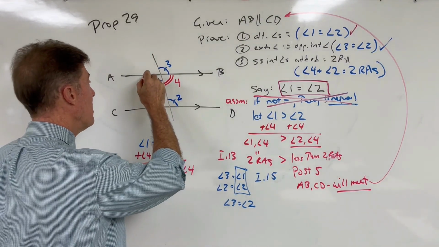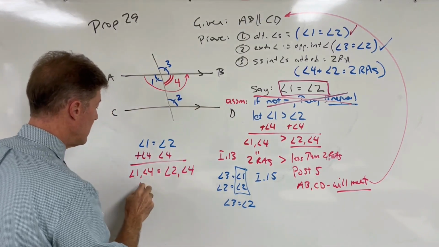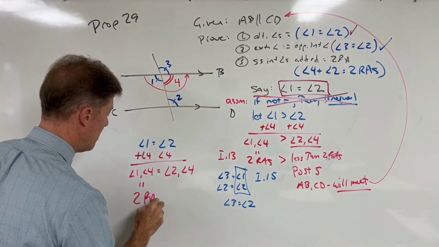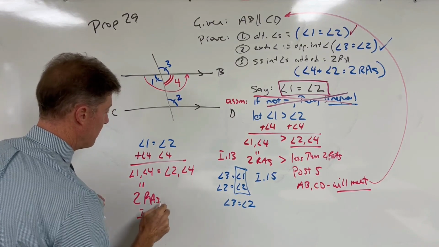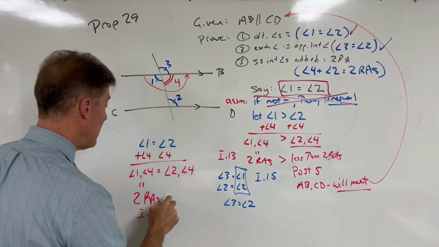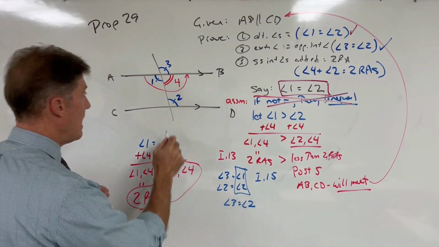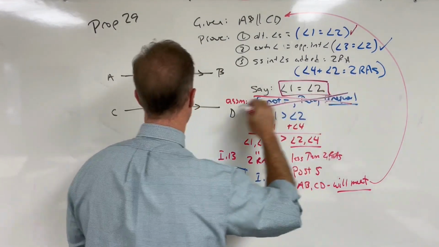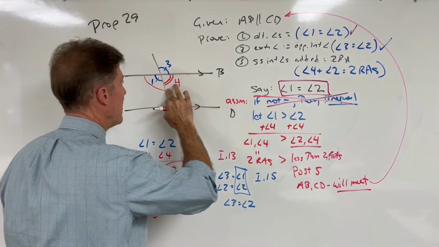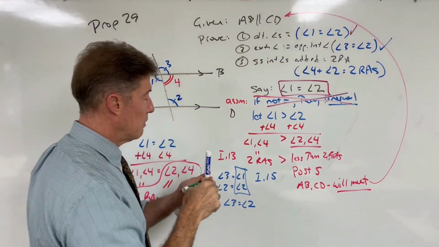But as we said before, this is a straight angle, so this is equal to two right angles. Prop 13. Which means, since it's equal to this, this is equal to two right angles. And that's what we're trying to prove, that the combination of angle 4 and angle 2 is equal to two right angles. That the same side interior angles on parallel lines are equal to two right angles.